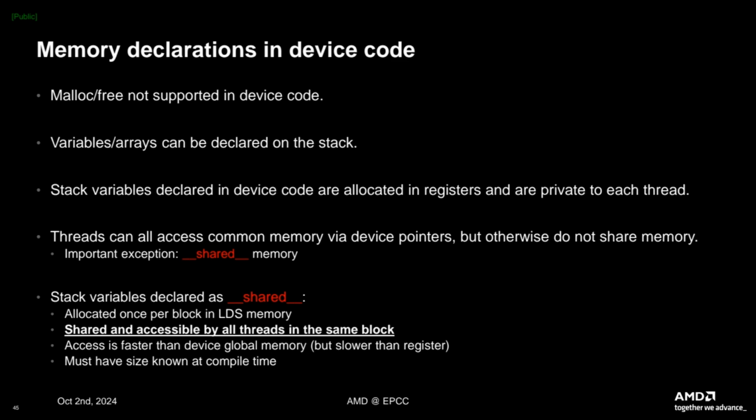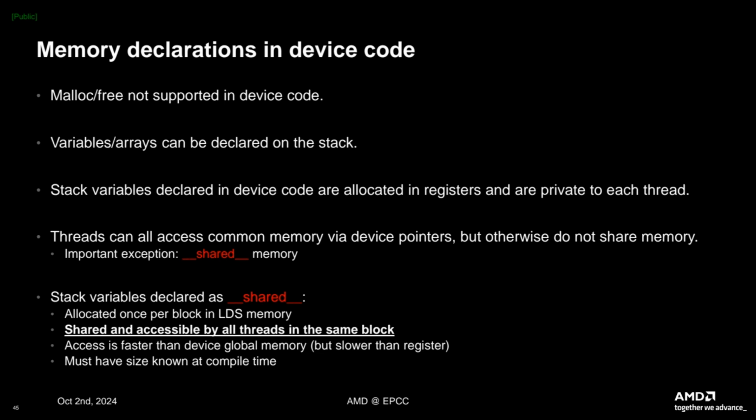However, you can leverage shared memory, and as we have seen, threads in the same wavefront can see shared memory. They have the same LDS, and so you can declare some memory as shared when you operate with your GPU kernel. And as we said, shared memory is accessible by all threads in the same block, which is crucial for the way you're going to leverage that for your kernel implementation.